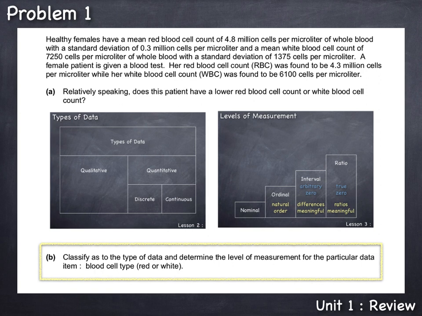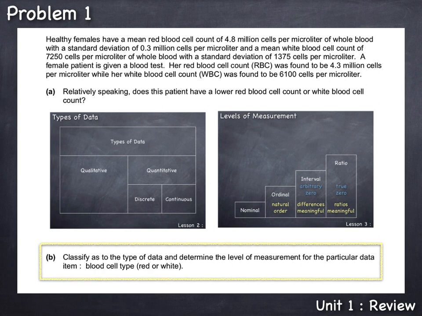Level of measurements, there are 4, starting with the lowest, nominal. The next is ordinal, then interval, and the highest is ratio. So we'll do these one at a time, starting with the type of data. And it's very important to know specifically what particular data item we're classifying, because this problem has lots of different data values.